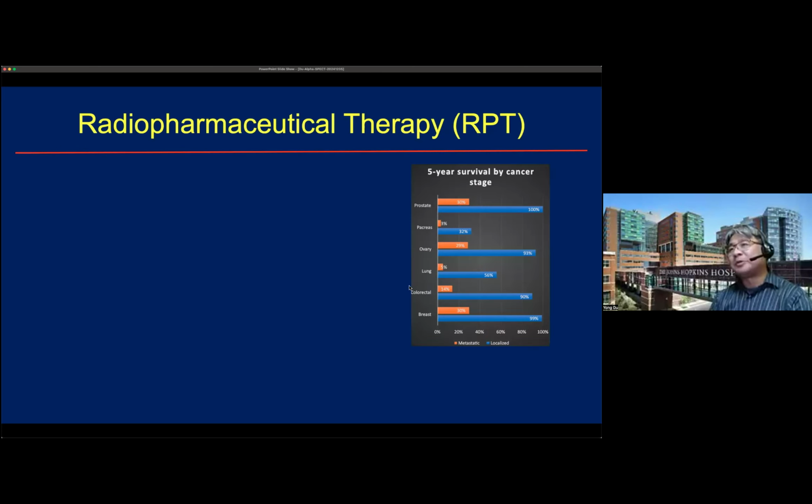First, talking about radiopharmaceutical therapy, this figure shows the 5-year survival rate of different cancer types. The blue bars show localized tumors, and the orange or yellow bars show metastatic cancers. You can see that compared to localized solid tumors, metastatic tumors have a very low survival rate.